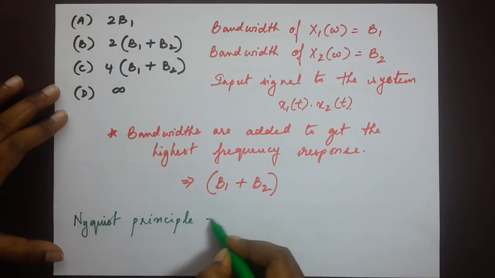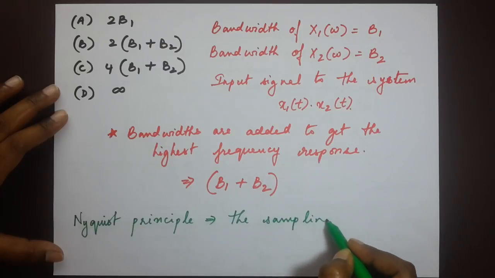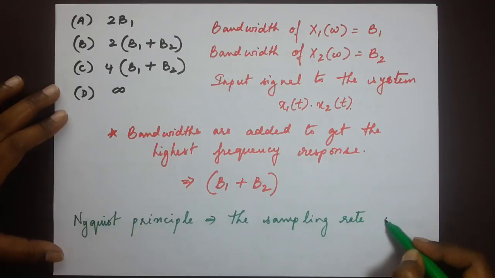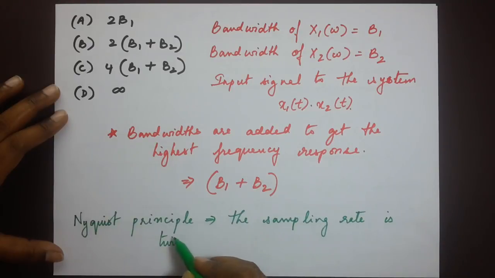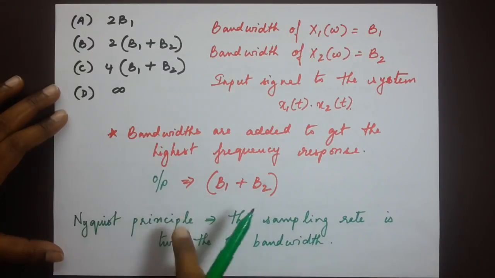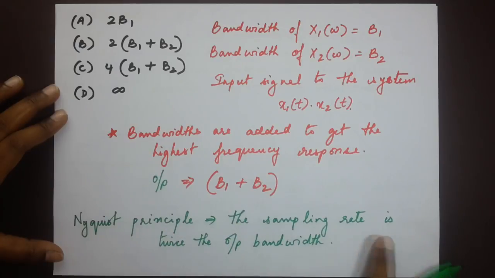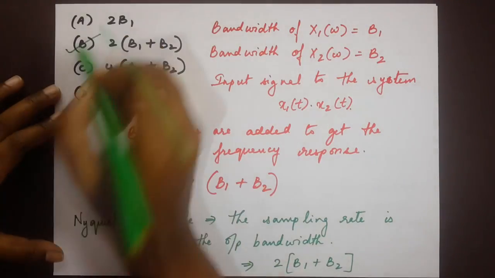According to Nyquist principle, the sampling rate is twice the output bandwidth. So this is the bandwidth of the output, B1 plus B2. According to Nyquist principle, the sampling rate is twice the output bandwidth, which means it would be 2 times B1 plus B2. So this expression matches option B.